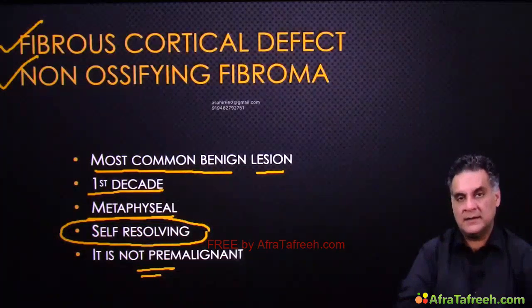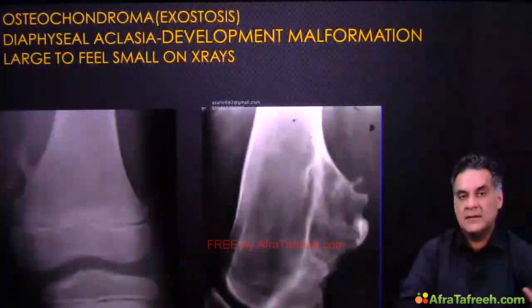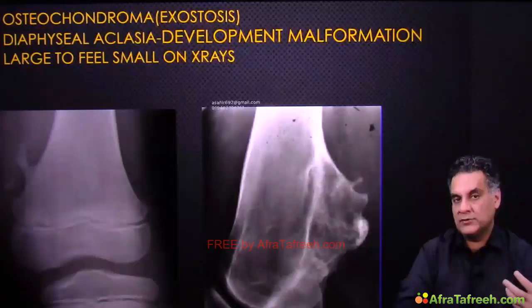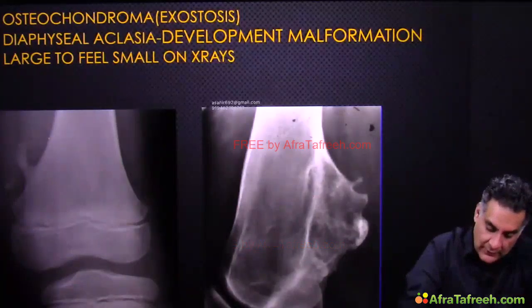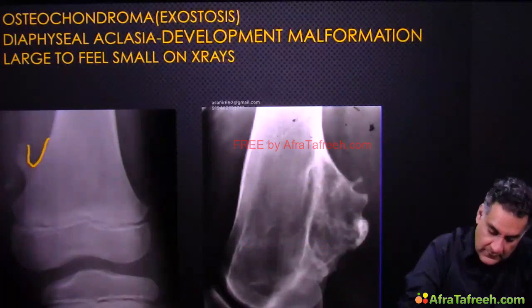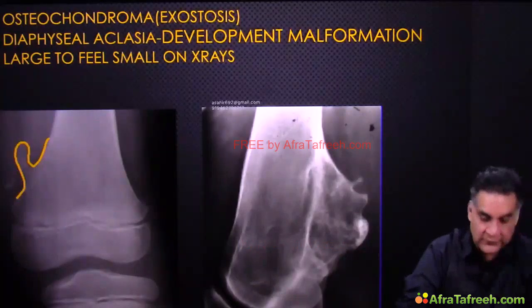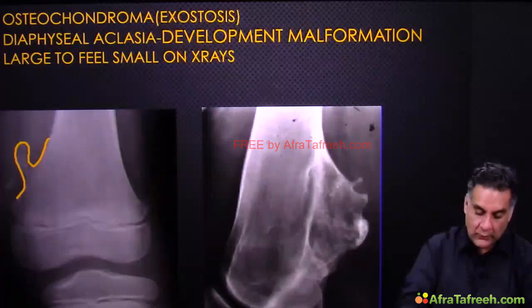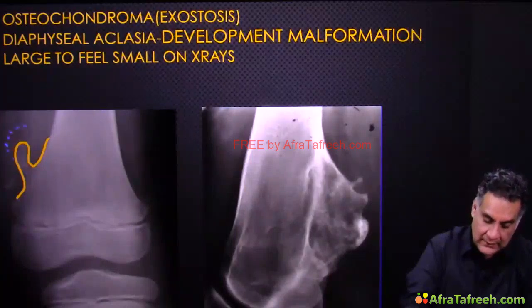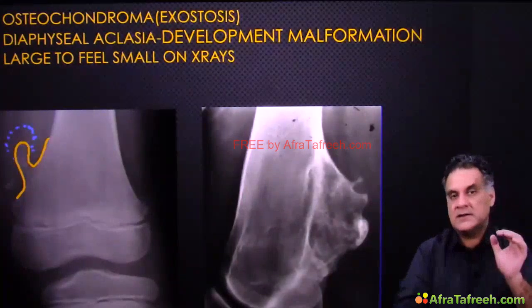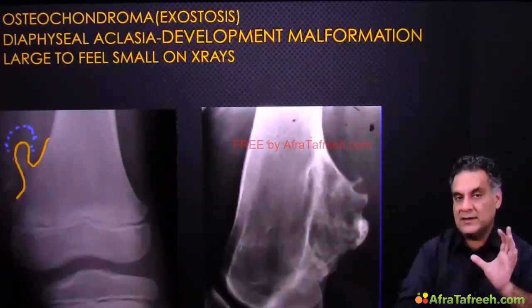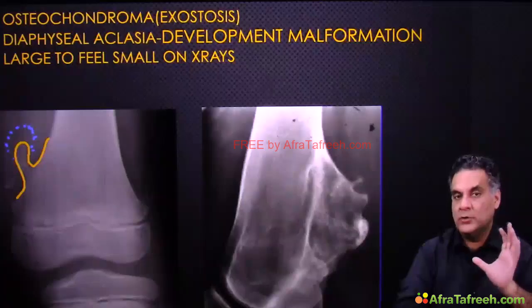It's not pre-malignant. Whereas when we come to the bony outgrowths, if you look at the bone, this is the bony outgrowth, the osteo part. Overlying it is the cartilaginous cap. You know, the cartilage is not seen on x-rays. It is radiolucent.